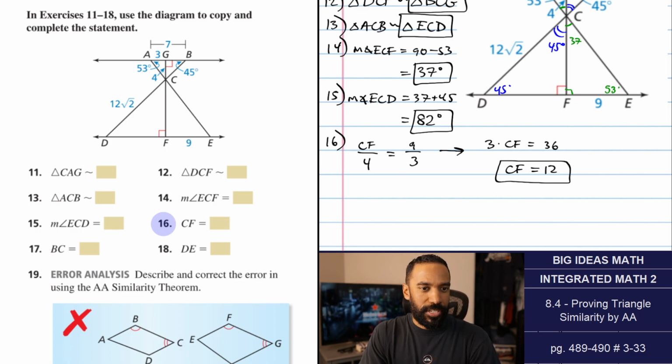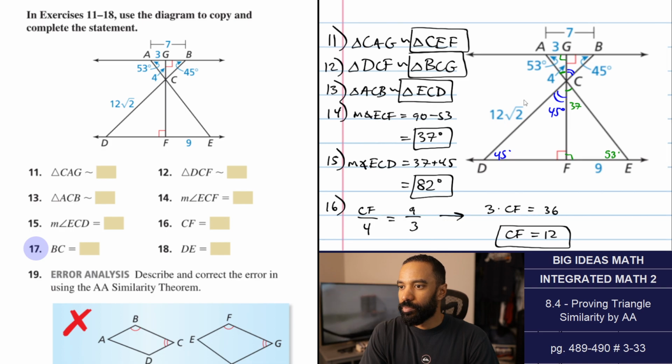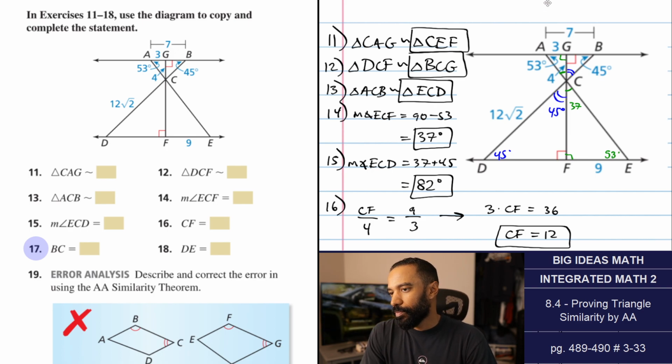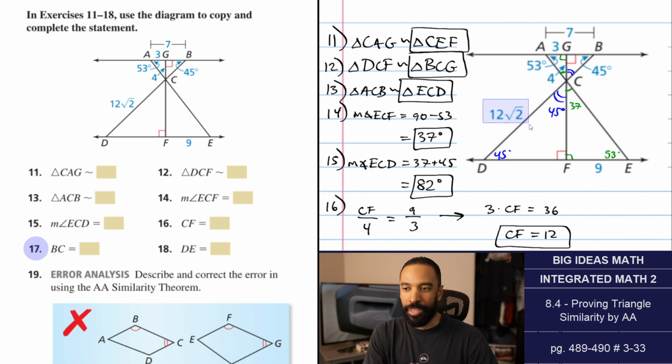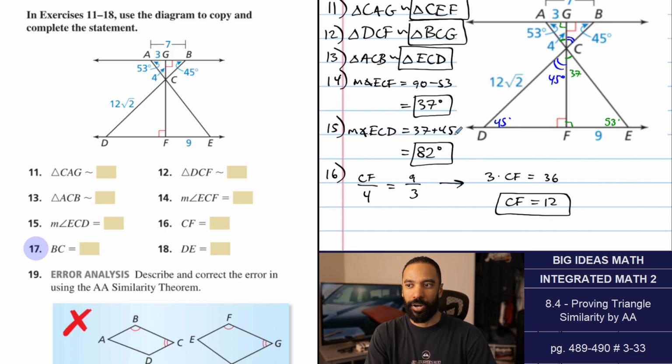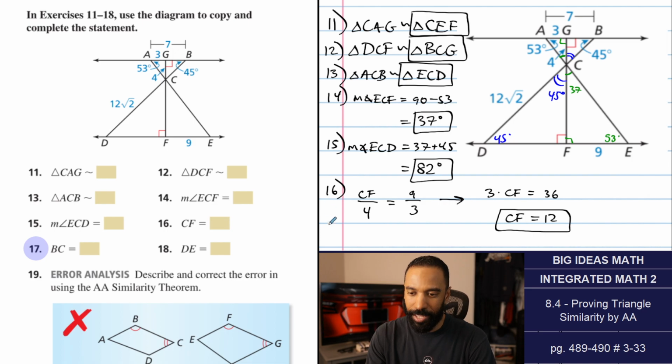And then number 17, the length of BC. B to C is right here. I wanted to use a Pythagorean theorem thing, but I think we're going to go off this 12 root 2, because this will correspond. As long as we're in something regarding proportionality, let's do as many corresponding bits as we can.